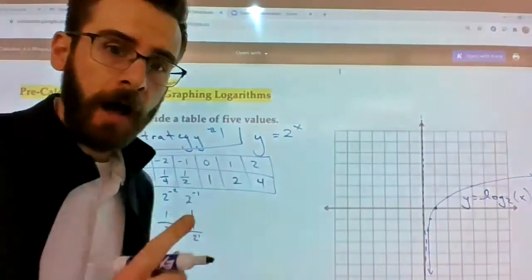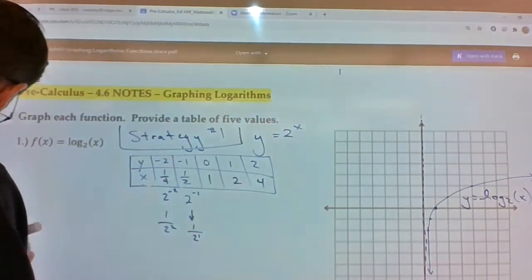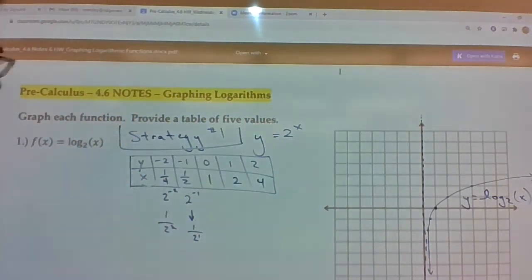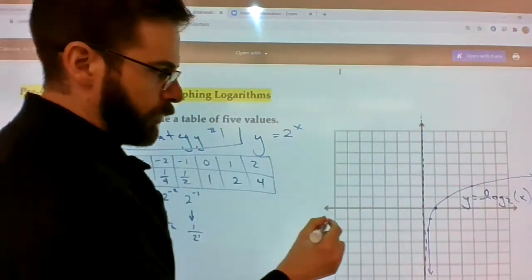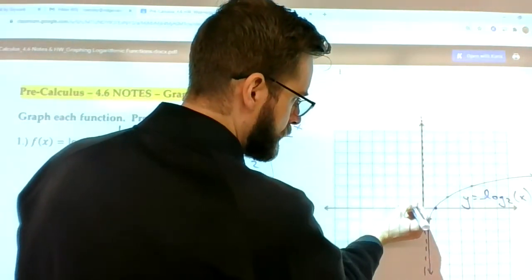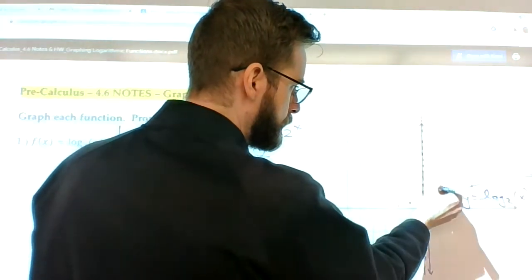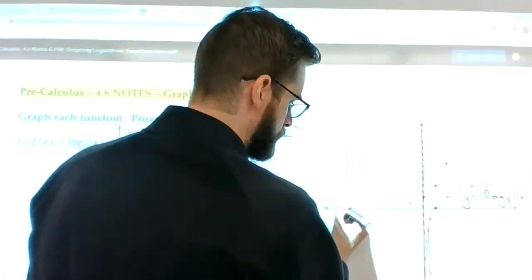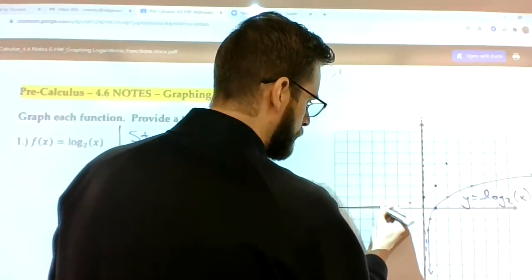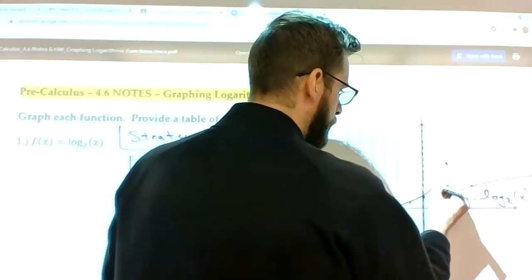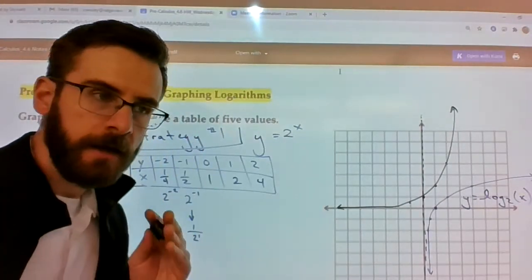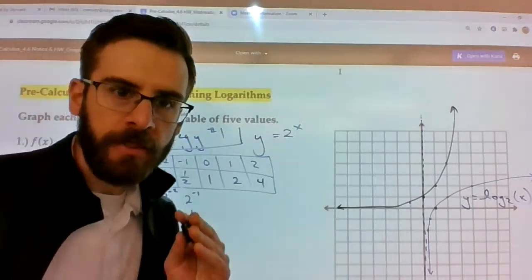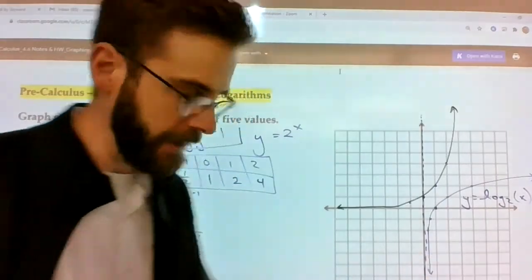And just keep in mind that it is the inverse of 2 to the x power, which looks like this. Right? It has that visual symmetry about the y equals x line.